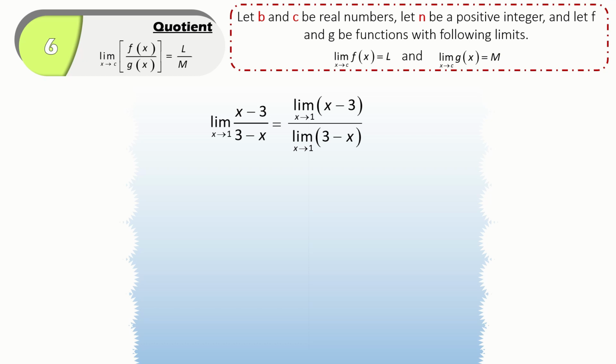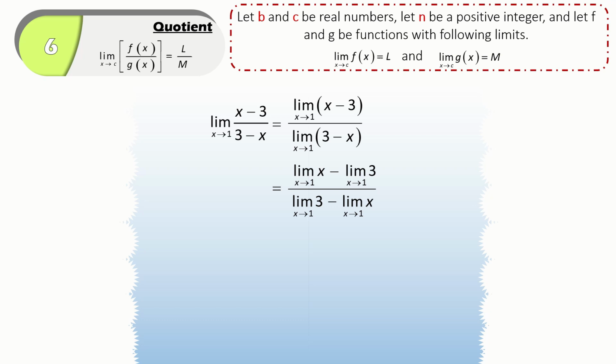In the numerator, it becomes the difference of the limit of x as x approaches 1 and the limit of 3 as x approaches 1. In the denominator, it becomes the difference of the limit of 3 as x approaches 1 and the limit of x as x approaches 1.